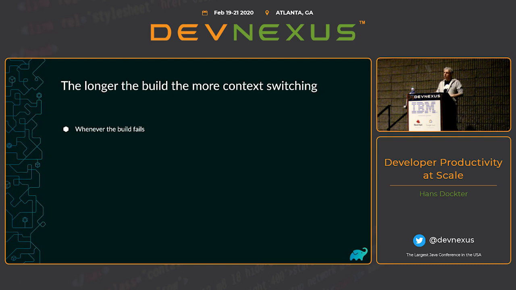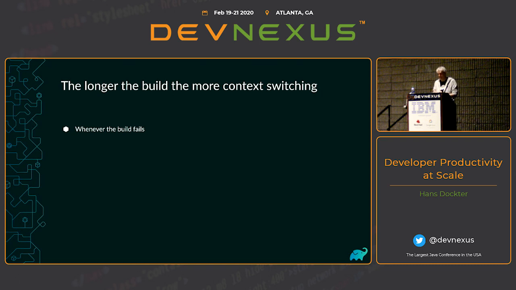So let's say you finish your feature, you commit your changes, and then the pull request is running, auto merging. If everything is successful, the build time is not so much of an issue, right? On a happy path, everything is green, fire and forget. But whenever the build fails, you switch to one thing, you have to switch back, right? And context switching is expensive, right?